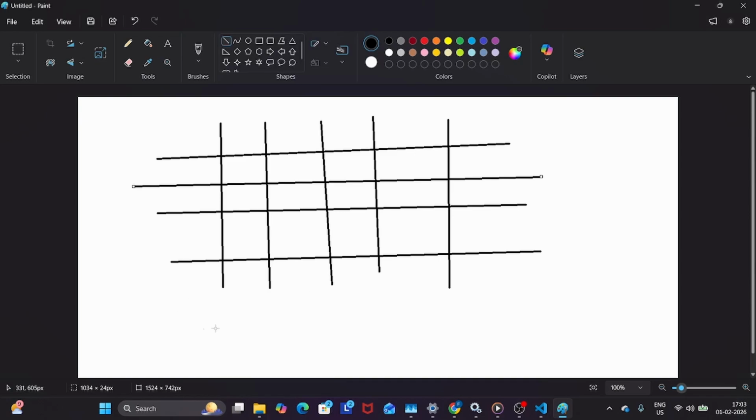Now, for example, if I want to color from this row, from this column, I will select R1. Every point is a single point. Do not think that this whole line is R1.